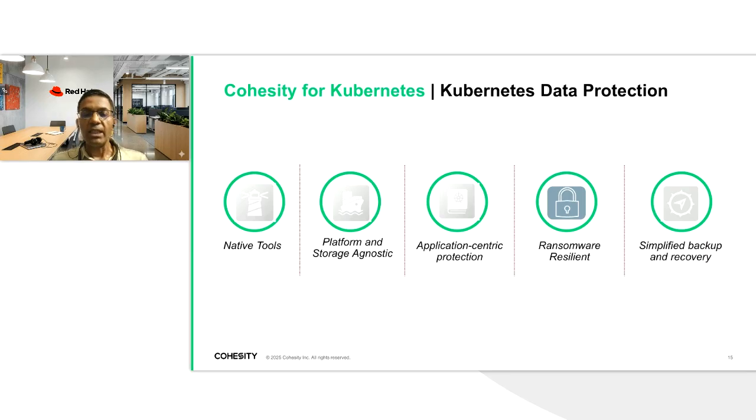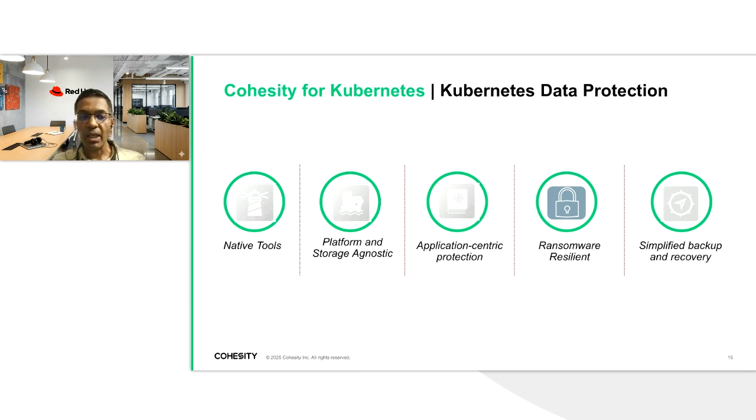So in particular, looking at Kubernetes data protection, both NetBackup and Data Protect provide these key facets. We make use of native tools, whatever applies specifically to the system. We know that every platform has its own strengths and weaknesses, so adopting a one-size-fits-all approach doesn't quite work.